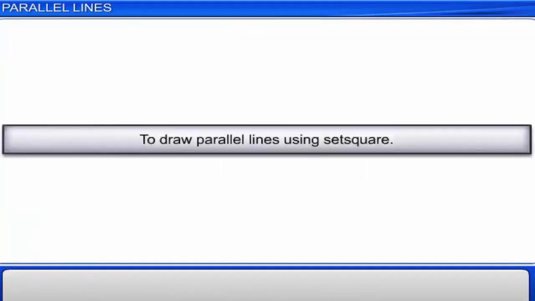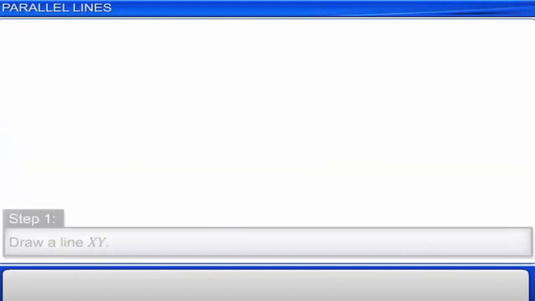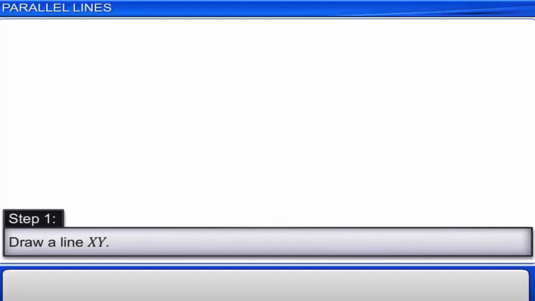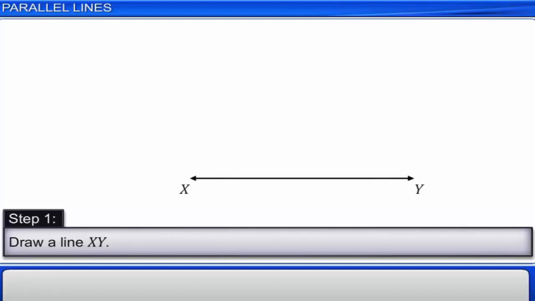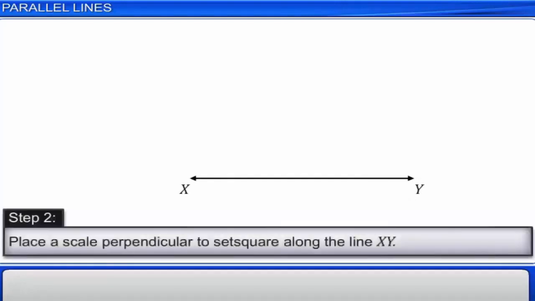Now, let's look at drawing parallel lines using a set square. First, draw a line using a scale. Label it as XY as shown. Now, place a scale perpendicular to set square along the line XY as shown.